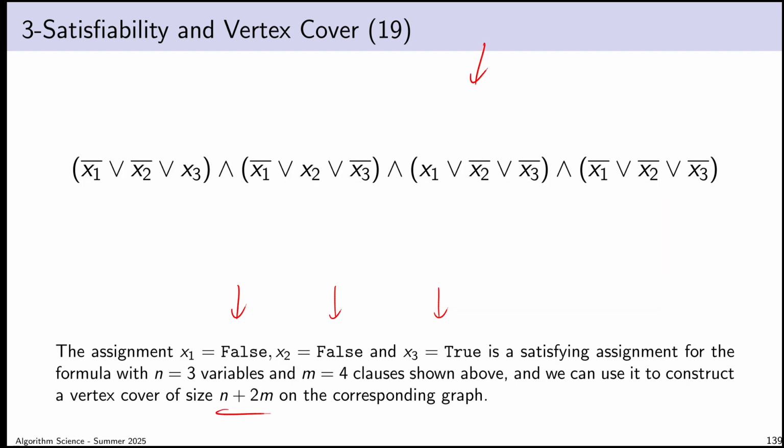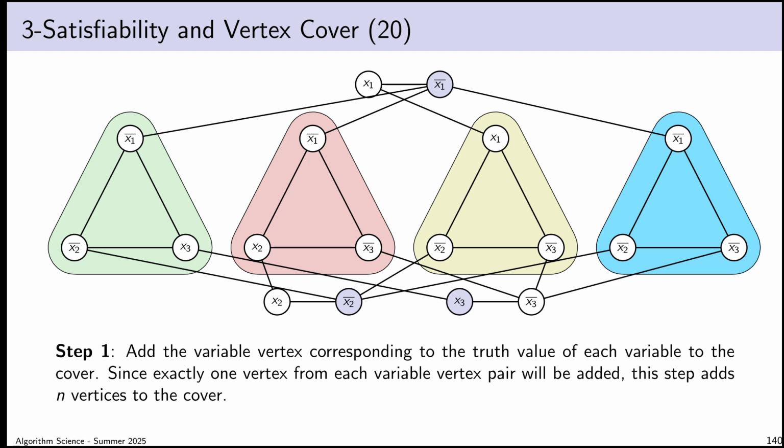Okay, so step 1. I take my satisfying assignment, so just to remember what that is: x1 is false, x2 is false, and x3 is true. So false, false, true. So I create my graph construction, and then I add the literal corresponding to the truth value of each variable out of the variable vertex pair. I add that to my vertex cover.